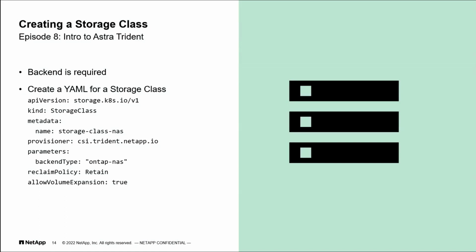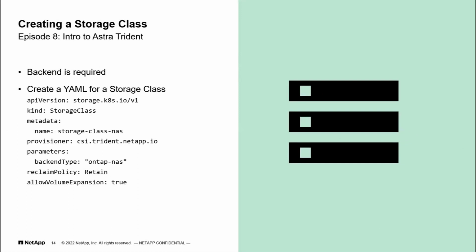First, the backend that you choose to use is probably going to be different, or could be different from what we would use. And we would use a very small model of what is available in the backend. There's many backends to choose from. The Astra Trident documentation, which can be found at docs.netapp.com, does an exceptionally good job at going over all of the details of creating the backend file and what you can put in it.